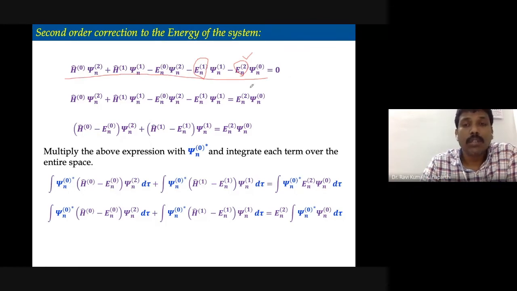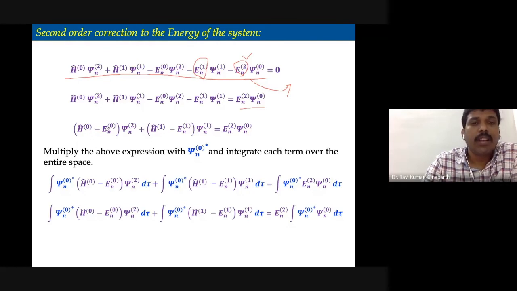Then you can move one term to the other side: the second order correction to the energy term, you can move to the right hand side and write the expression here. You can simplify this by combining terms.